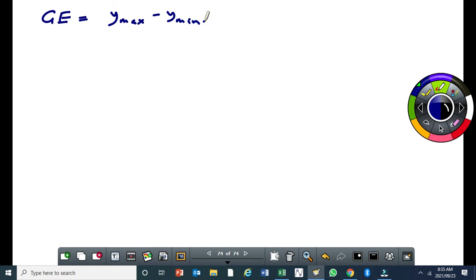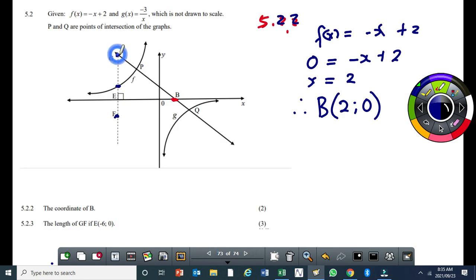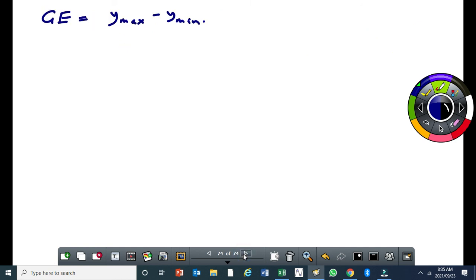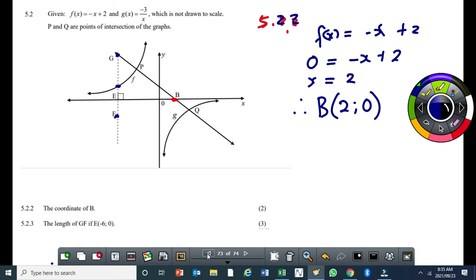But our Y minimum is going to be 0. Our Y max is the value of Y at G. So I'm going to calculate that. I'll substitute into the linear function the value of Y: f of minus 6 is equal to minus 6 plus 2.